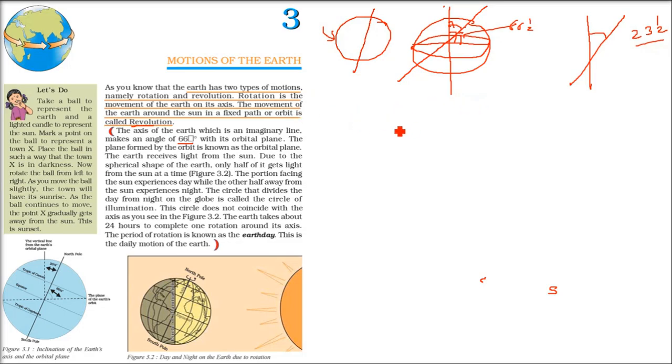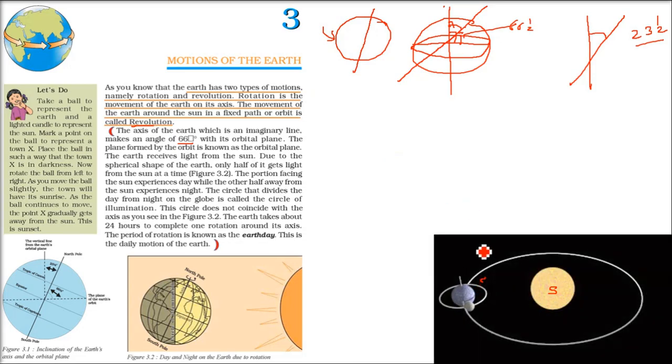Apart from this, when the Earth is revolving around the sun, it is also rotating on its axis. So the sunlight falls only on a certain part of the globe. Wherever this light comes is the daytime, and on the back side there will be night time.